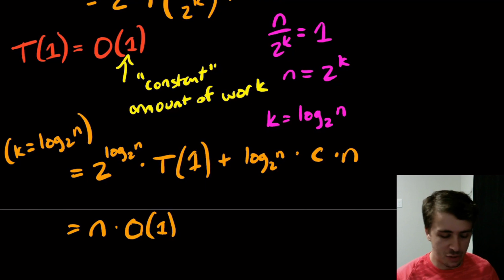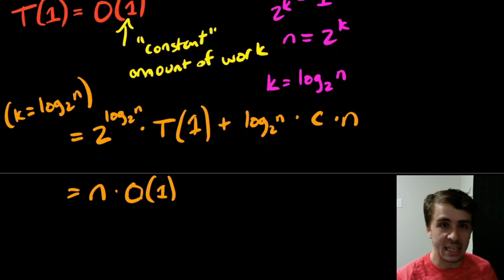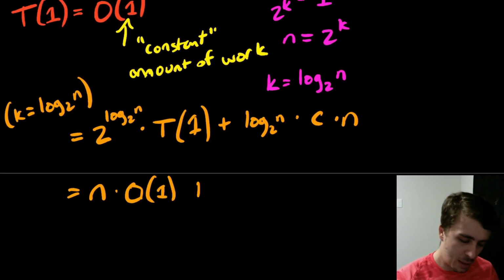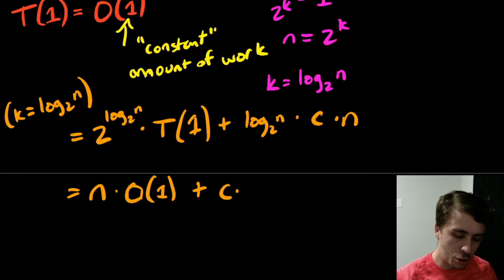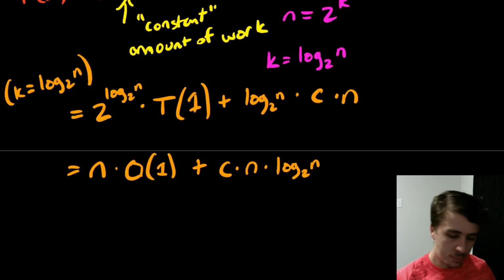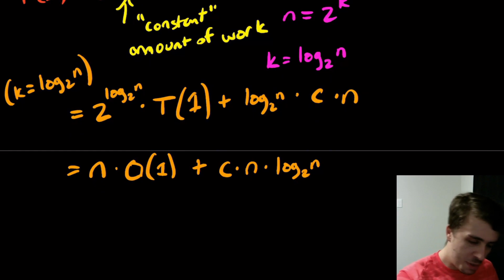I should put a different constant there, but this is just saying that it's some constant times n. Plus, I'm going to rearrange the right expression to say c times n times log base 2 of n.